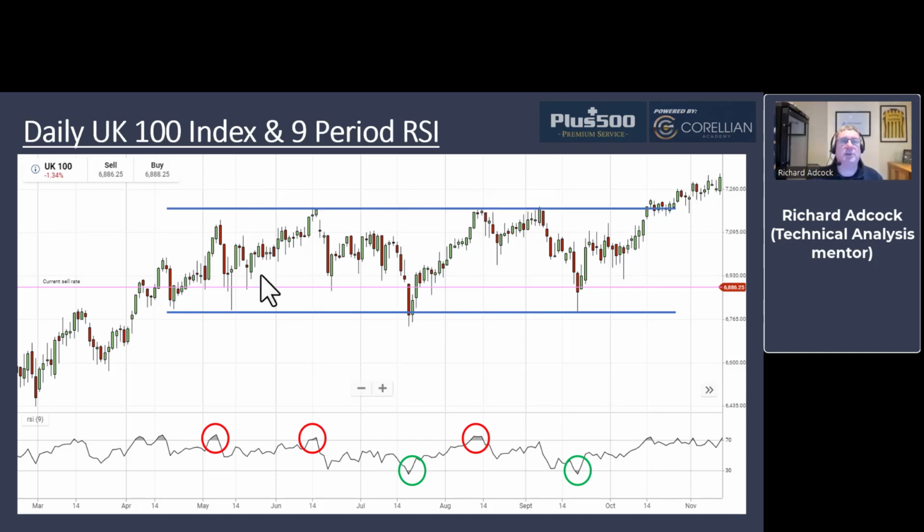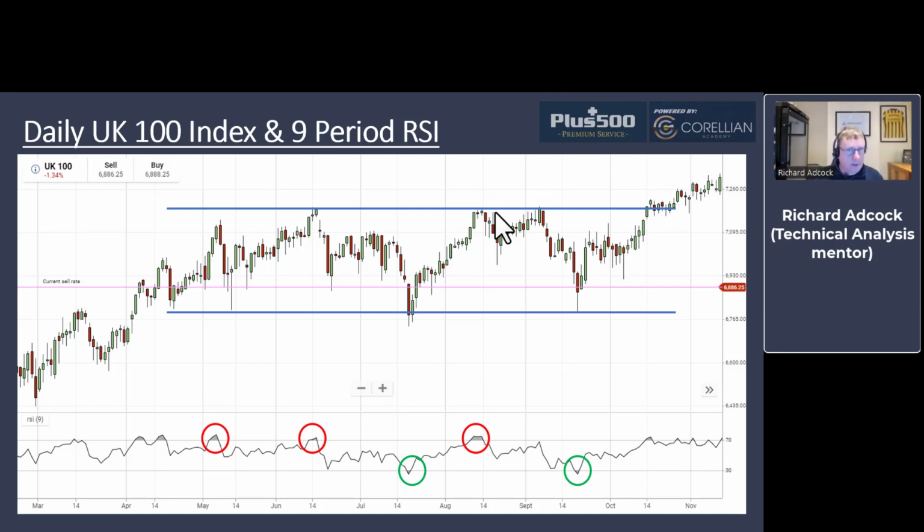So in other words, we're seeing very choppy activity between the support of the recent lows and resistance offered by the recent highs. So something of a battle is going on between the bulls and bears until we start to see a breakout. But this is when the RSI in particular is most useful for highlighting overbought and oversold readings.